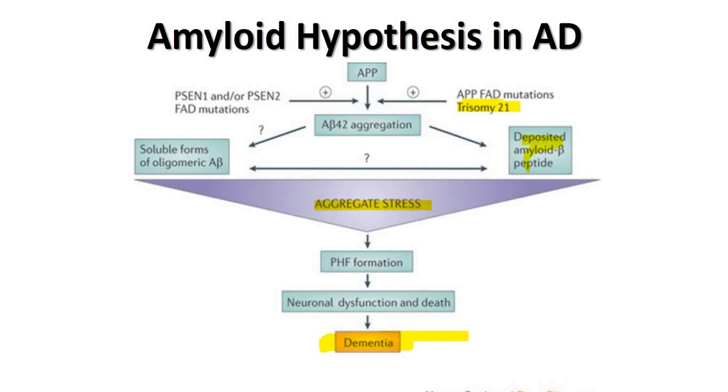Dementia results from amyloid plaque. This is the highlight of amyloid hypothesis in Alzheimer's disease. Of course, this time you have MCQ, but otherwise in exam a short question is asked. Write a short note or describe what is amyloid hypothesis in Alzheimer's disease.